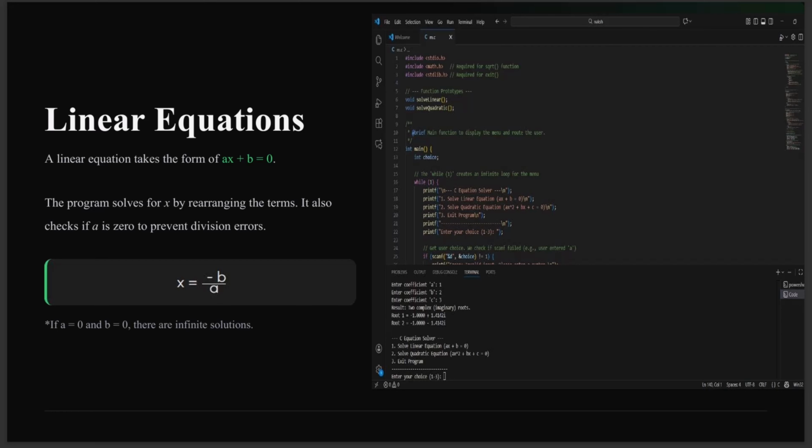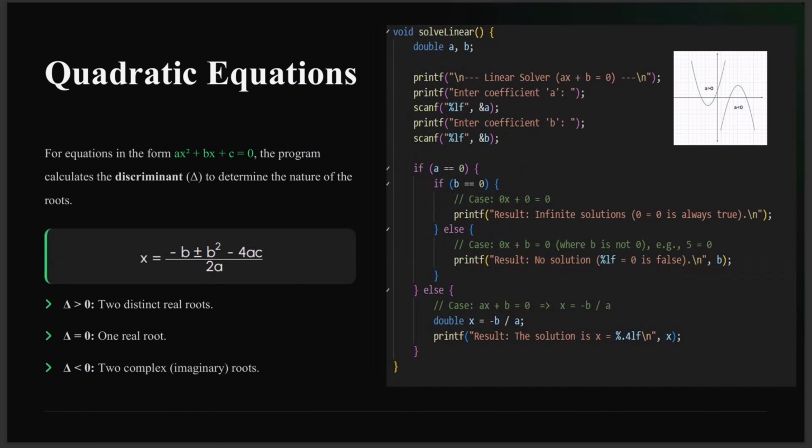A linear equation is taken in the form ax plus b equals 0, and the root is x equals minus b by a. This is the code for the linear equation, and this is the code for the quadratic equation.